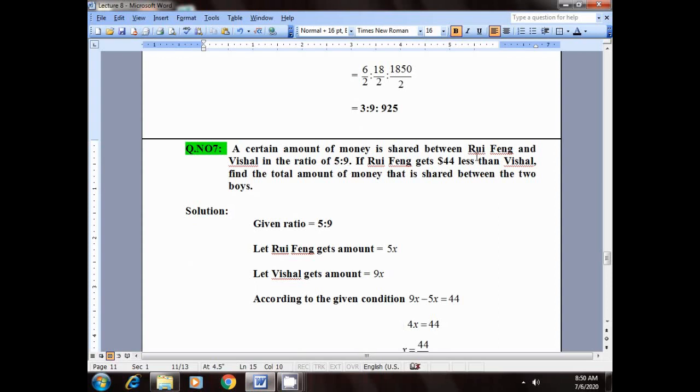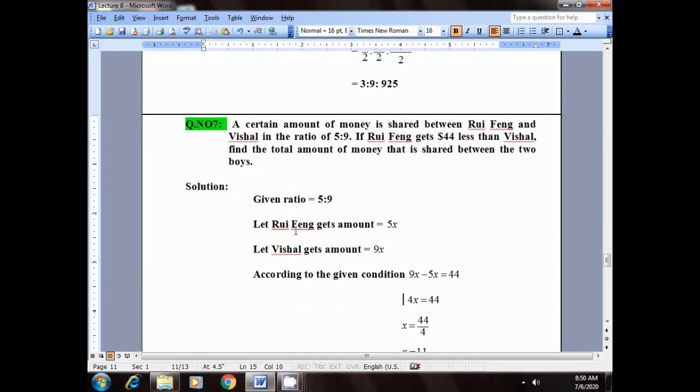Now we don't know what was the total amount, so we will start with: let Rui Feng get amount 5x. Here we will use the variable x to find the total amount which was shared between the two boys. Here 5 represents the first quantity of the ratio, which is the ratio of the first boy Rui Feng.